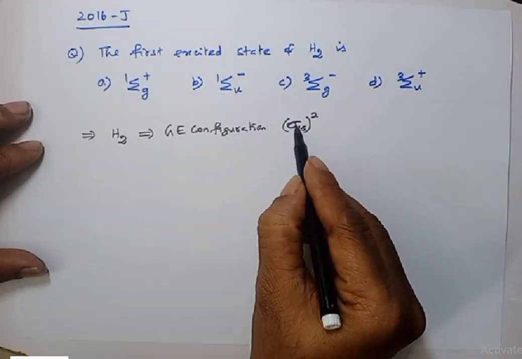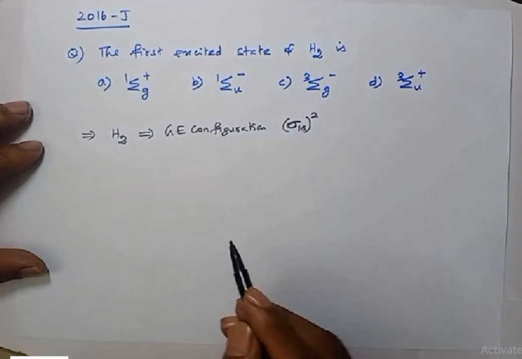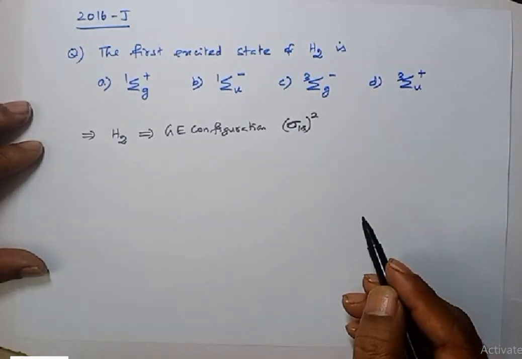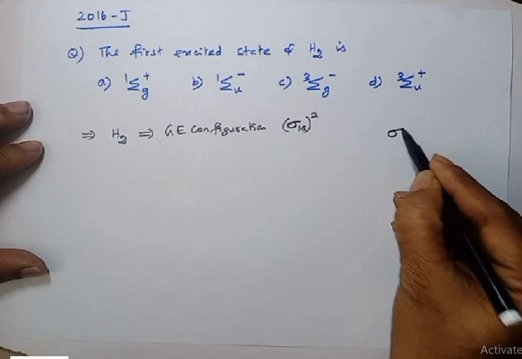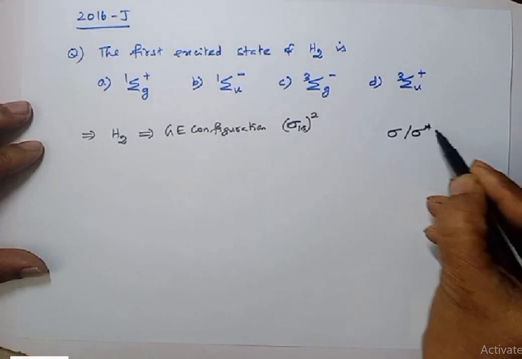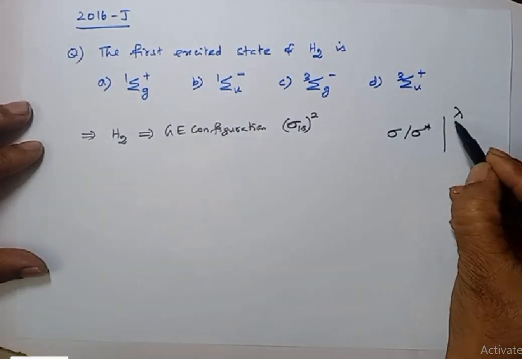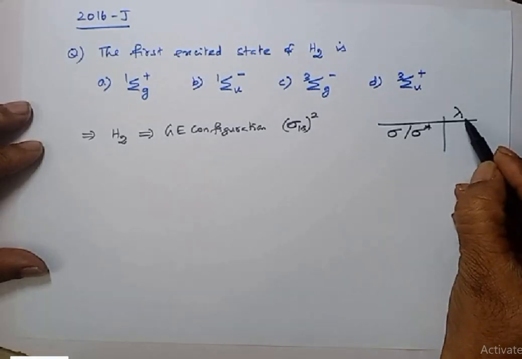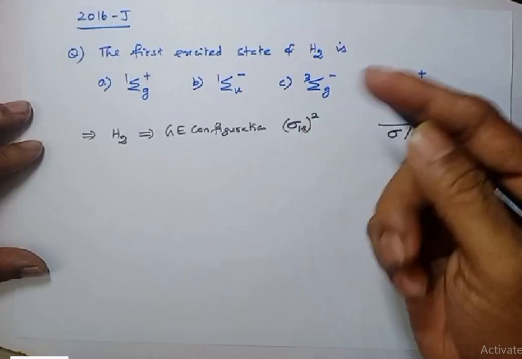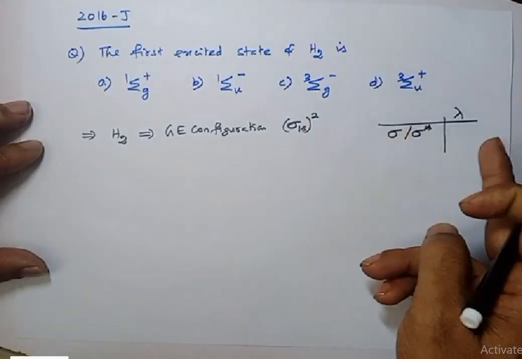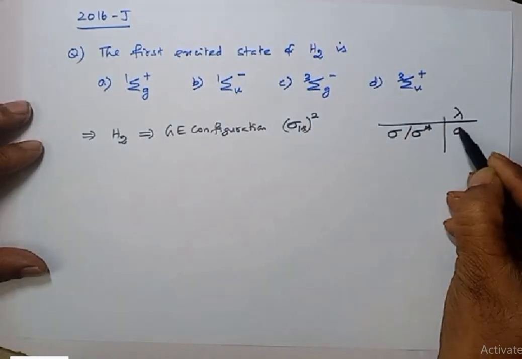For electrons present in sigma bonding and sigma anti-bonding, the small lambda value, called the component of orbital angular momentum along the internuclear axis, is 0.